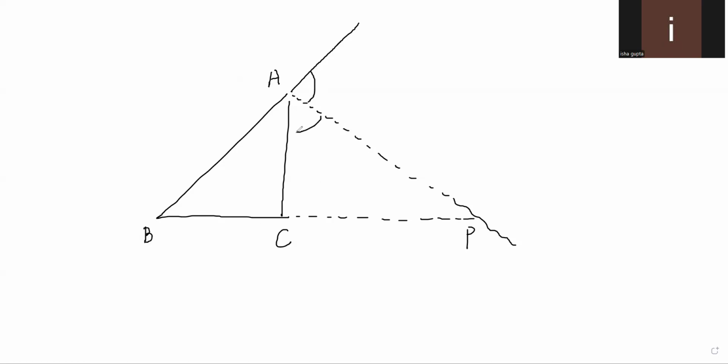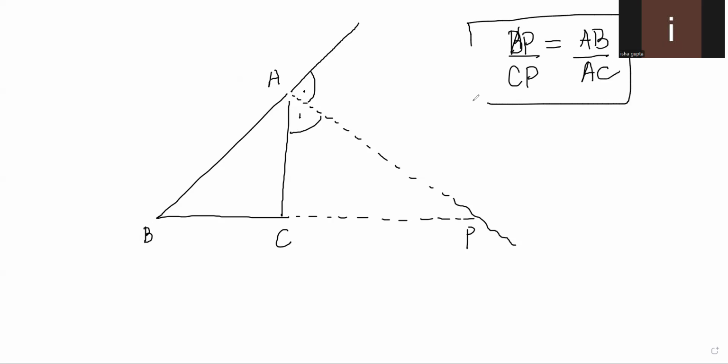So I know that these two angles are equal, and I need to find the ratio of BP by CP, right? If you can prove that BP by CP is the same as AB by AC, then that result that we have used is correct, right? So think about it. This is a bisector.